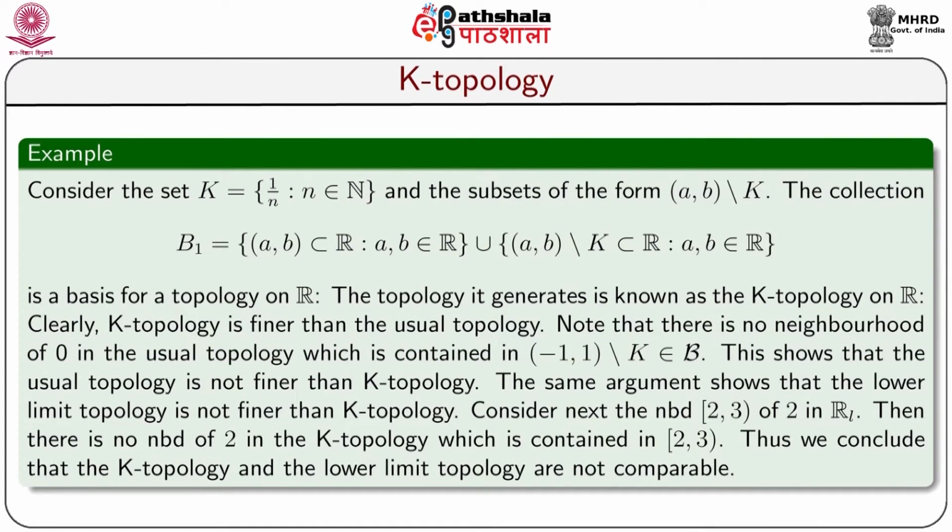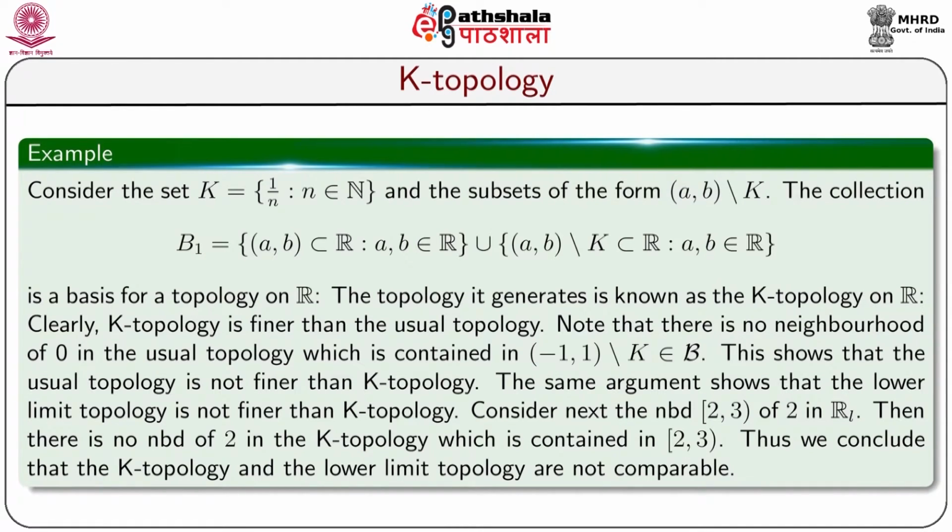Next, we will give another example, which is called the K topology. This will be required later when we teach, but now we give the example. So, let K be the set of 1/n such that n belongs to the natural numbers, and consider the following set (a,b) minus K, that is, all x belonging to the open interval (a,b) such that x is not equal to 1/n for any natural number n.